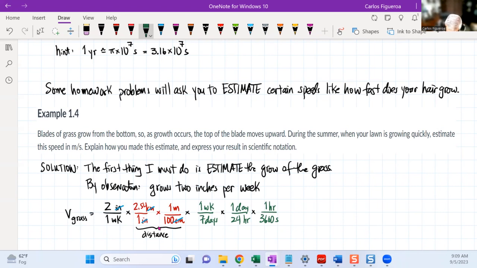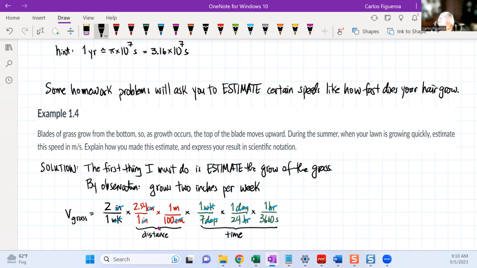So you can see here, if I look at my cancellations, I've canceled out my weeks, I've canceled out days, I've canceled out hours, so I'm left with seconds in the denominator. So here is my time.